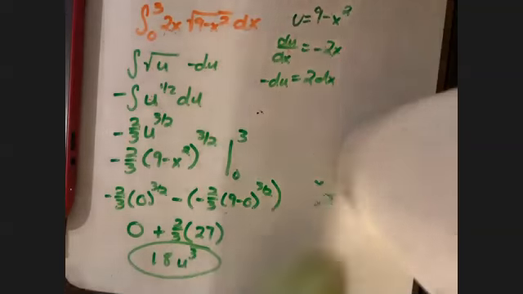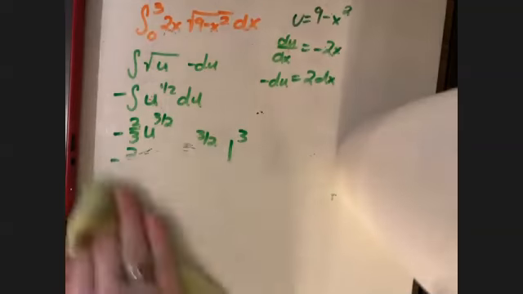Okay. So now the next one that we're going to look at is what's called discs. And the idea here is that we are taking an object. I'm going to do just a rough reference here. We're taking a curve.